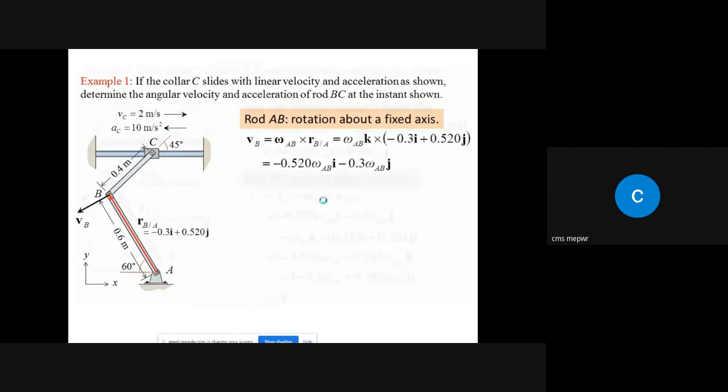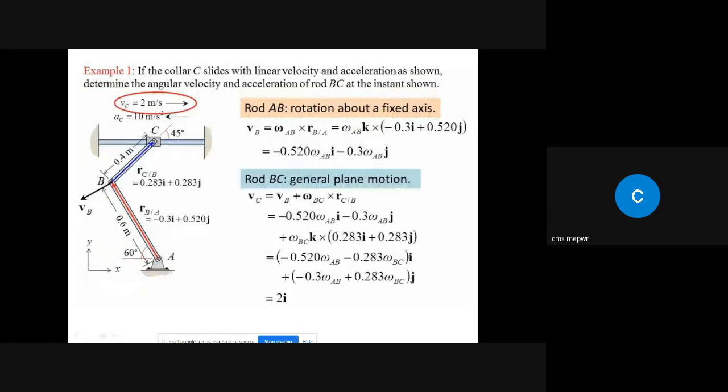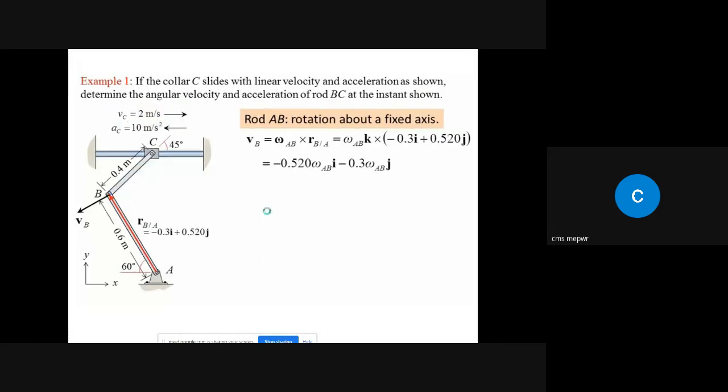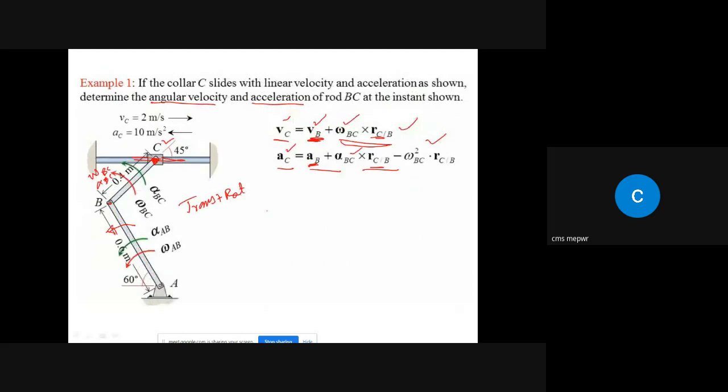Okay. Now let's consider the general plane motion of BC. So it is having translation as well as rotation. So the velocity of point C over here, we discussed this one even in the previous slide. This is the same equation as this one.